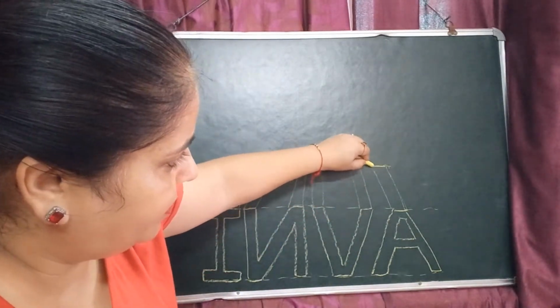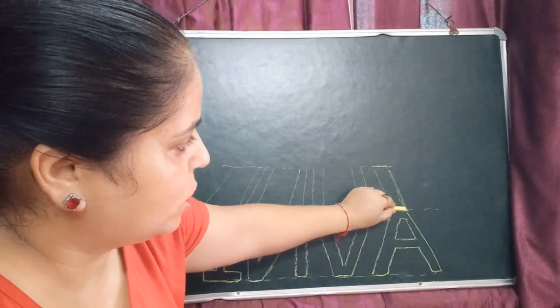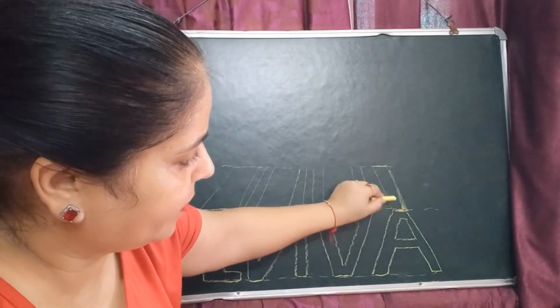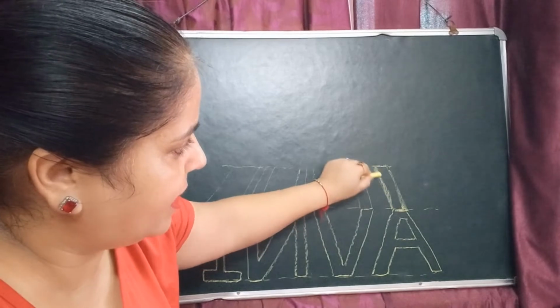Now I have this area, so the shadow of A I'll just create with the dark.